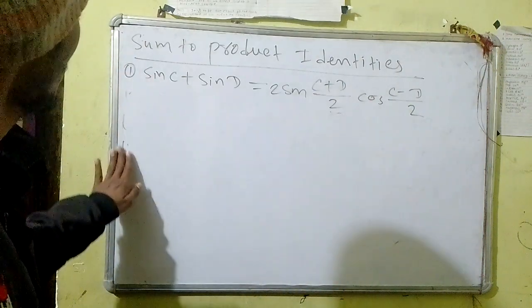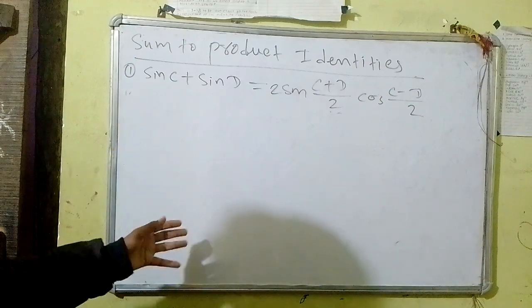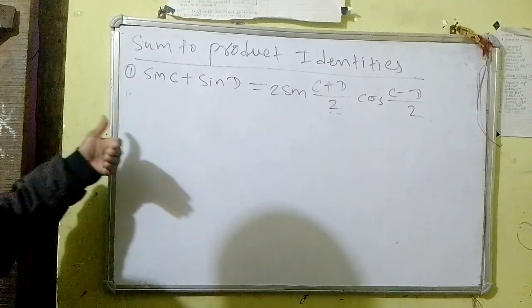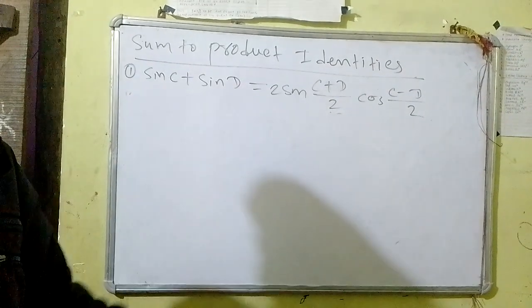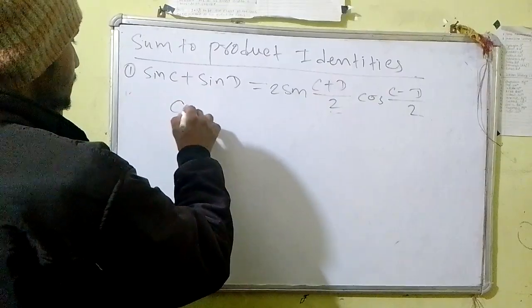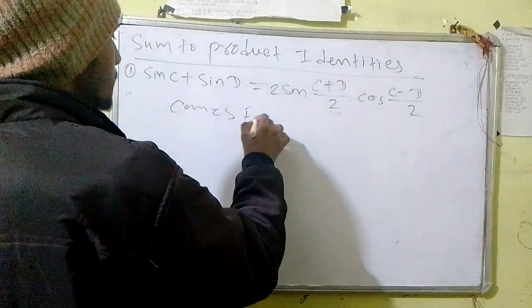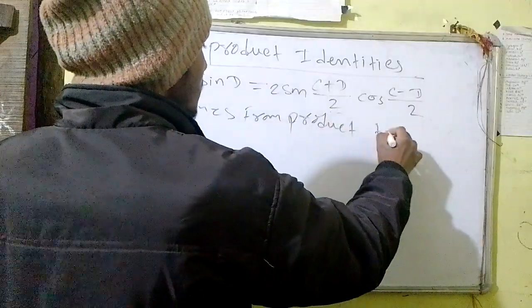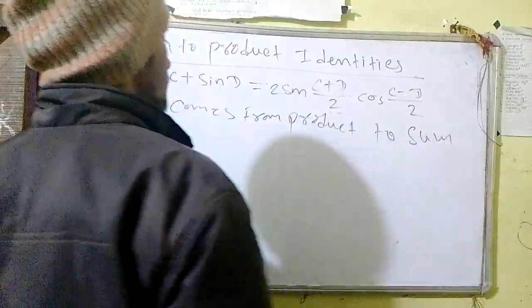All of these sum to product identities are just another way of writing the same thing. Product to sum identities, but in another way. So it comes from product to sum.